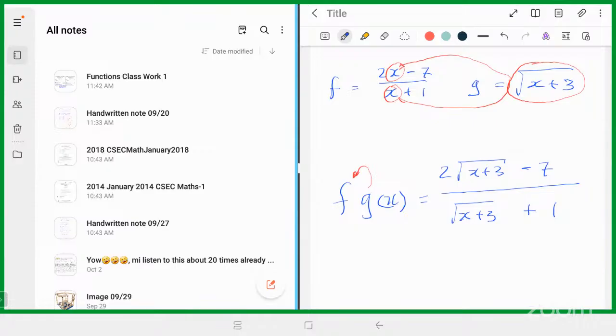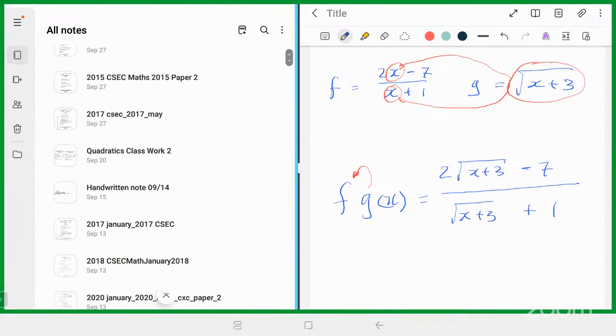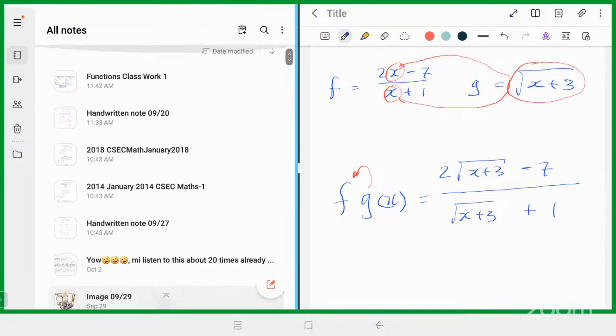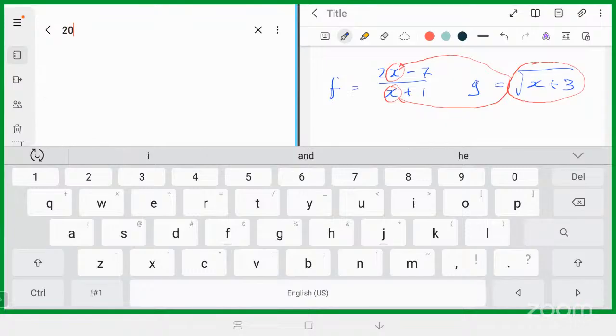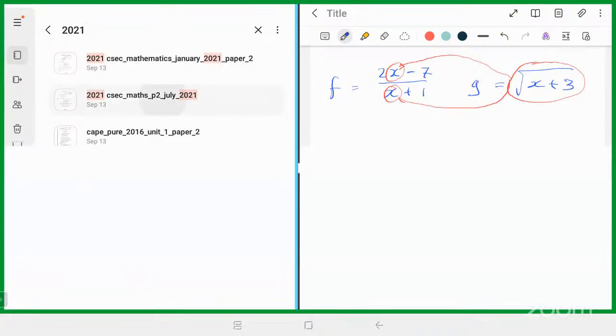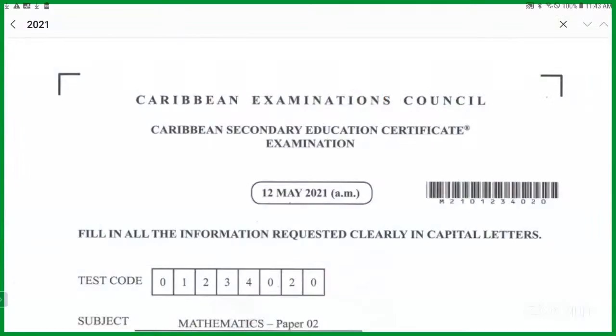Right, 2021 first. Have it here somewhere. Alright. Which question did I say? I said 4. I think it's around question 4 on these papers.